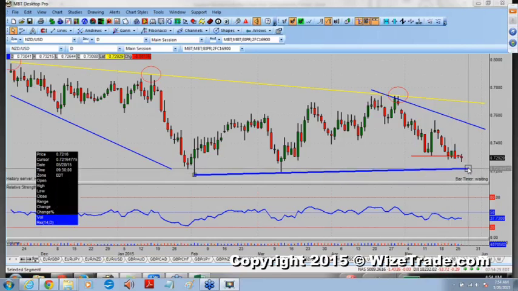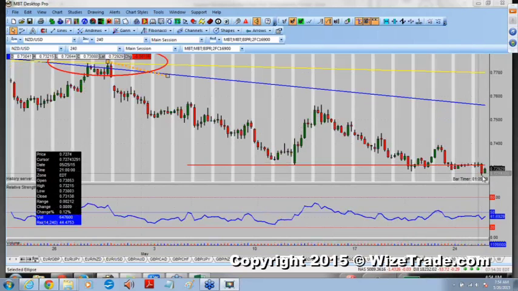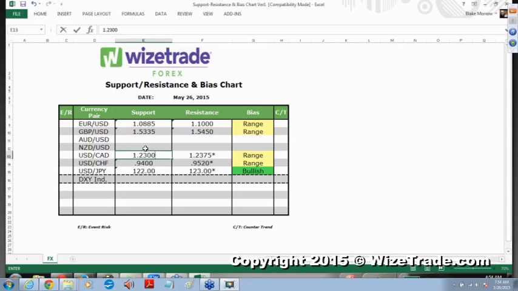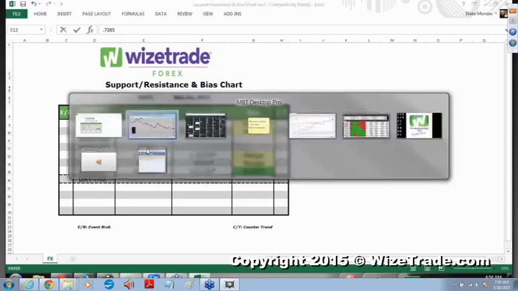Probably like 72.10, 72.15. So this is actually a really tough read. What I'll do is just mark the lows, which will be 72.65. It's not major support, just its overnight lows.